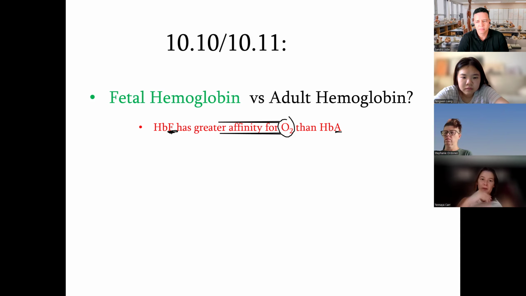Is it maybe because the pregnant mom is breathing in the oxygen, and so the fetus has to share the oxygen going through her blood, and as a result, the fetus has to be more sensitive to pick up oxygen because the mom is also using that oxygen too?